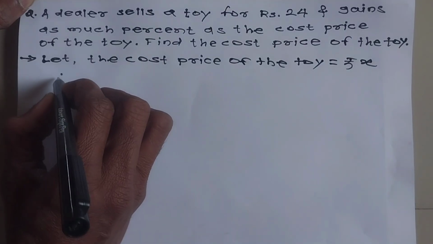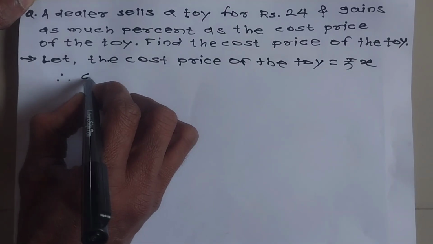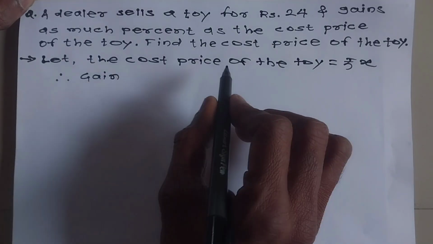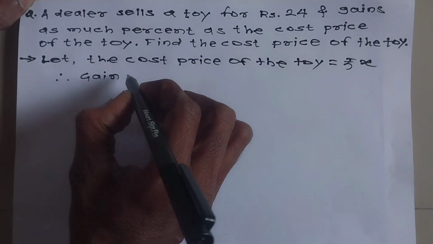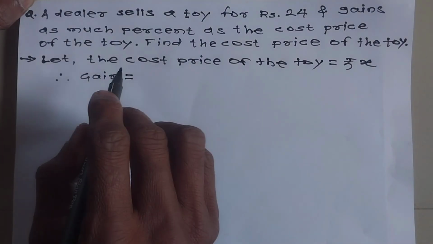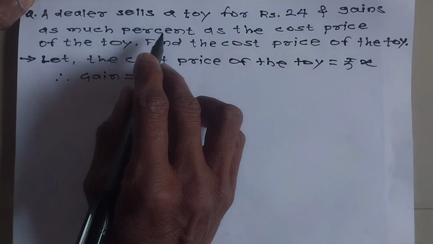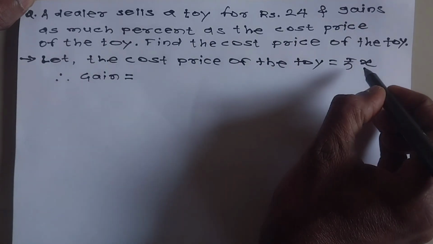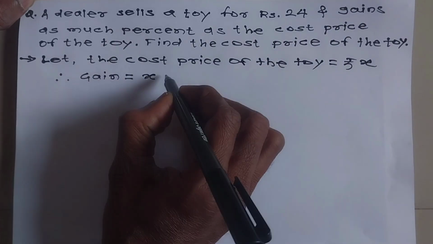Then we are given the gain after selling this toy. That gain is given as much percent as the cost price, meaning x percent.